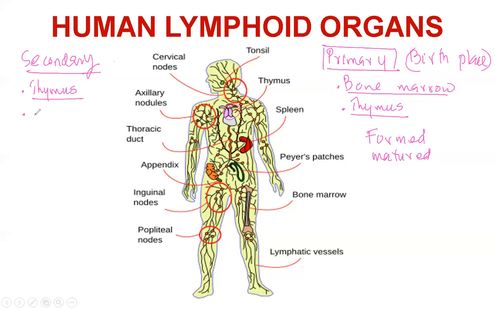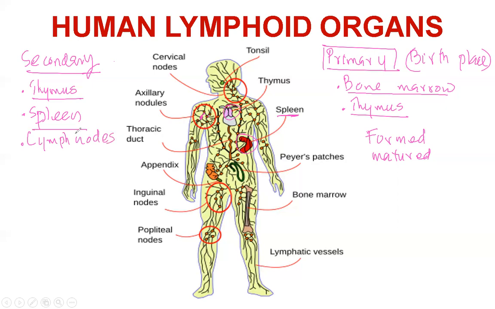Okay. Then you find the spleen. The spleen is a large organ you find next to the stomach. This is the spleen. And it has lymphocytes and phagocytes. It functions as a filter. And all over the body, can you see lymph nodes? These are called lymph nodes.